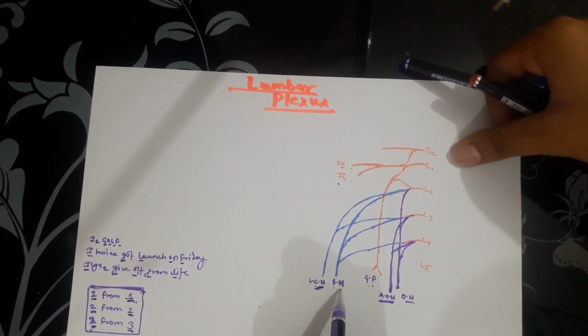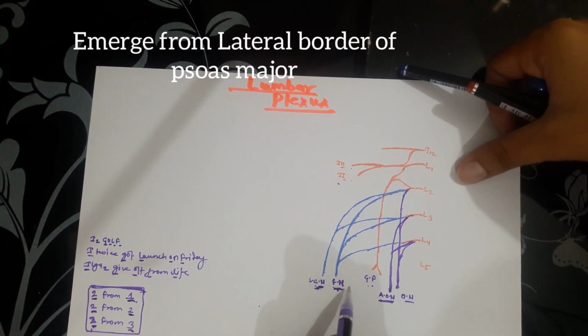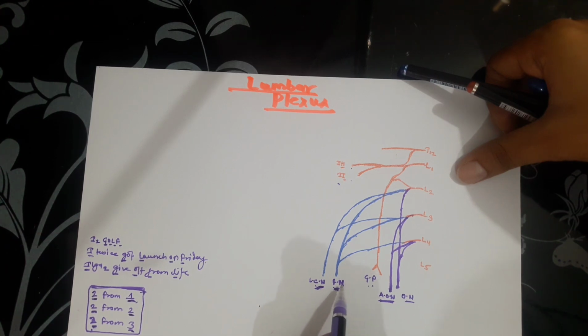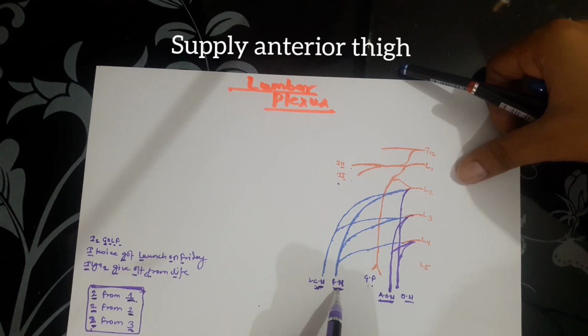And then here we can see the femoral nerve. The femoral nerve originates from L2, L3 and L4 and emerges from the lateral border of the psoas major muscle and runs inferiorly, or laterally inferiorly, and then passes deep to the inguinal ligament and iliopubic tract and supplies the anterior thigh, which is the sensory root.